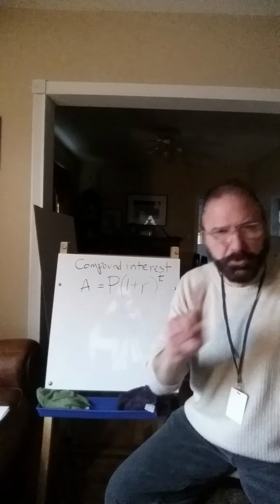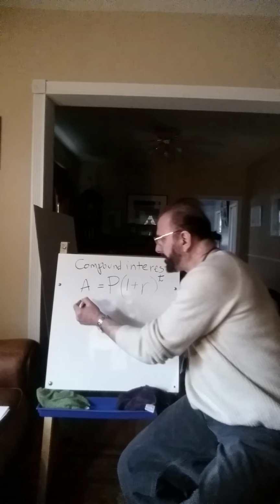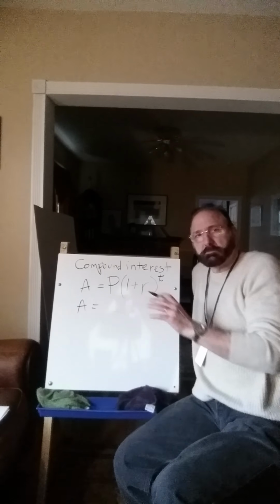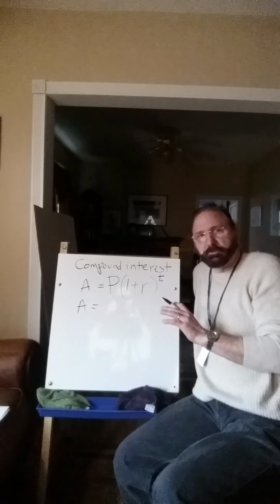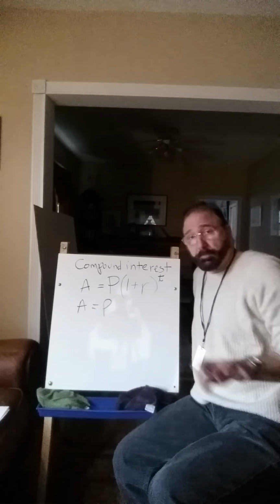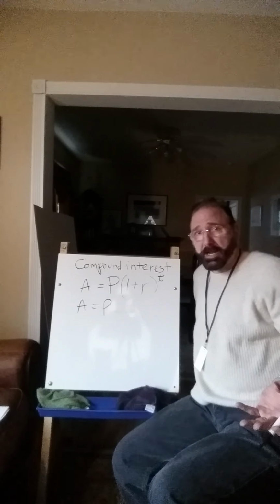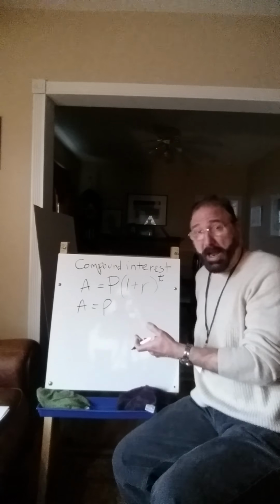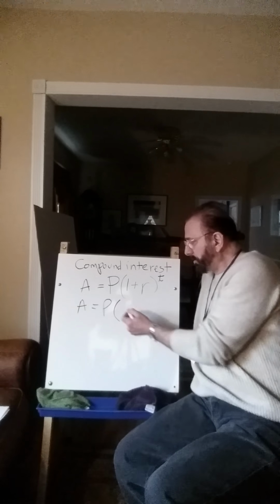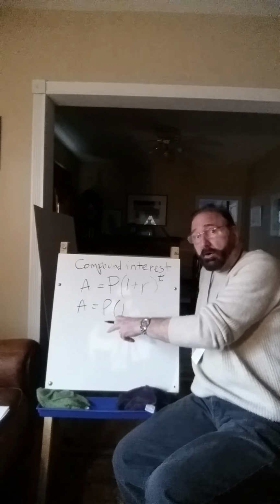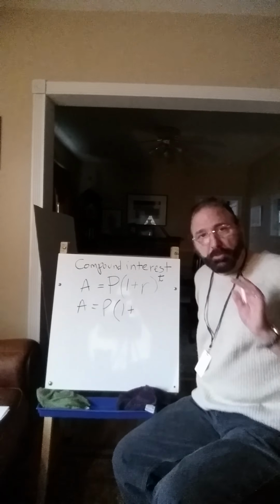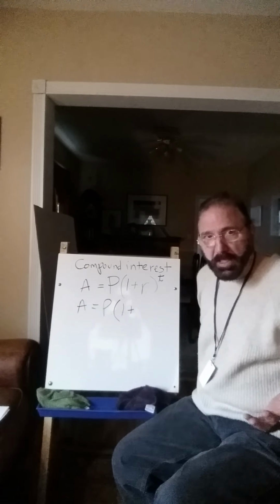Okay, so here's a new formula. The accumulated wealth, or the amount that you pay at the end of the term, A. P is still the principal, what you start off with, right? In this case, you're borrowing. The 1 is that borrowed amount plus the rate, whatever that is.